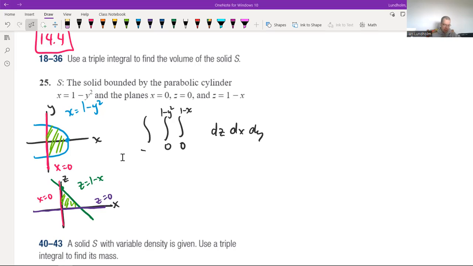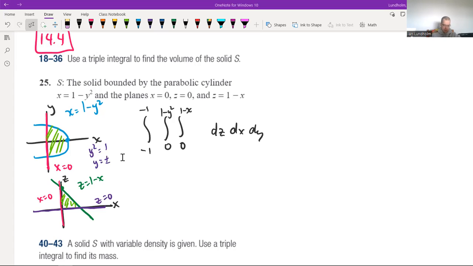But to figure that out for sure, we would set our equations equal to each other. We've got x is equal to 1 minus y squared, x is equal to 0. Set those equal to each other and solve. We would get y squared is equal to 1, so y can be plus or minus 1.